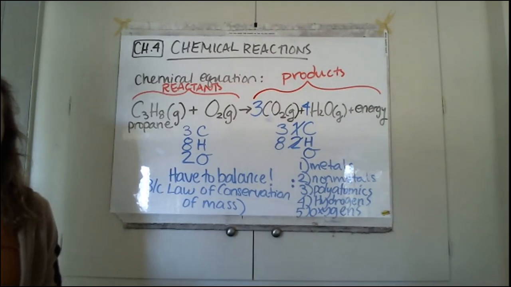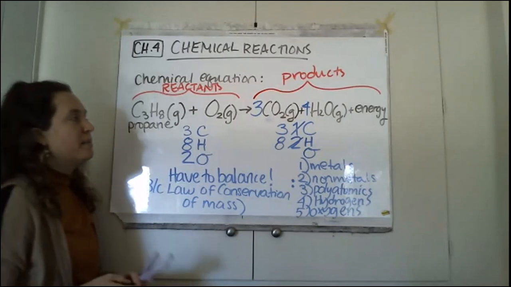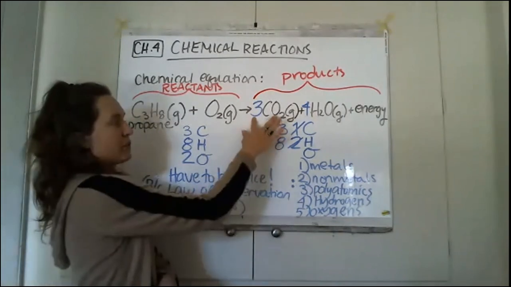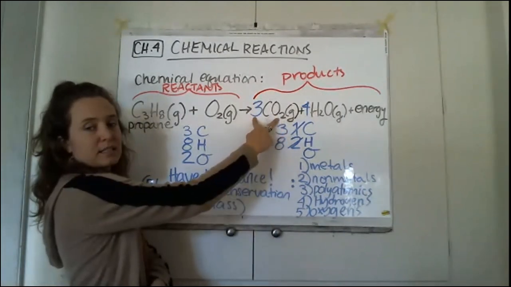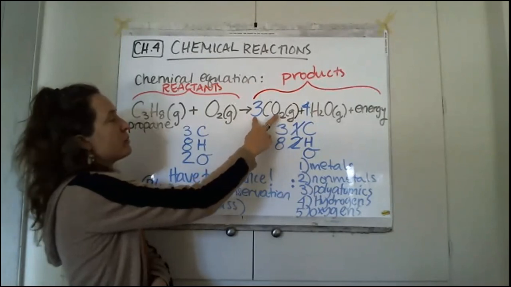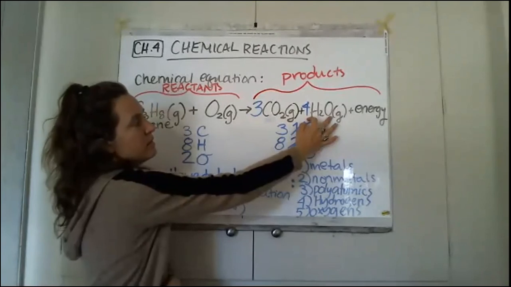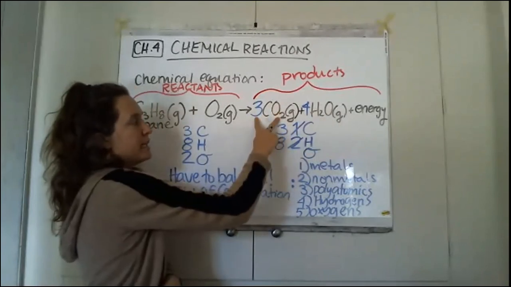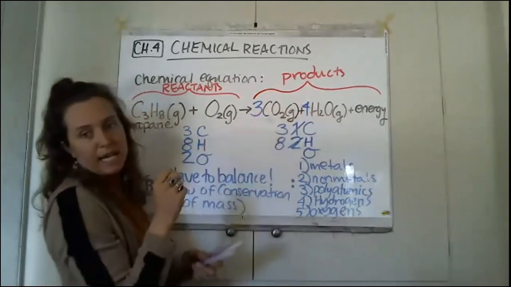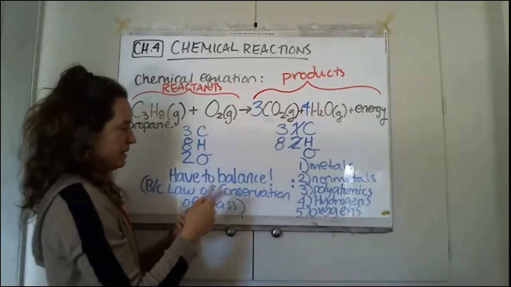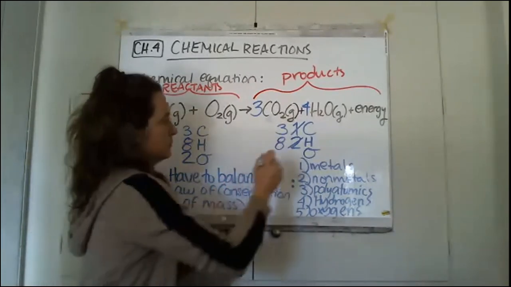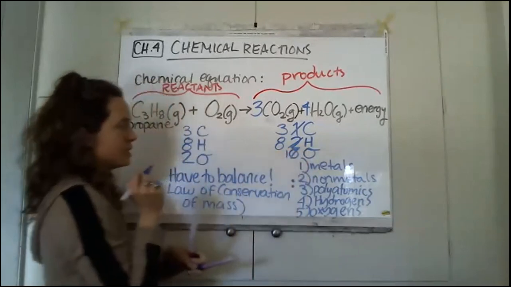Cool, so I'm seeing a mix, now I'm seeing 10s, okay, cool. If you counted up 10, you were correct, because 3 times 2 is 6, and 4 times 1 is 4. So 6 plus 4 is 10. Right, exactly. So there's 10 oxygens here.